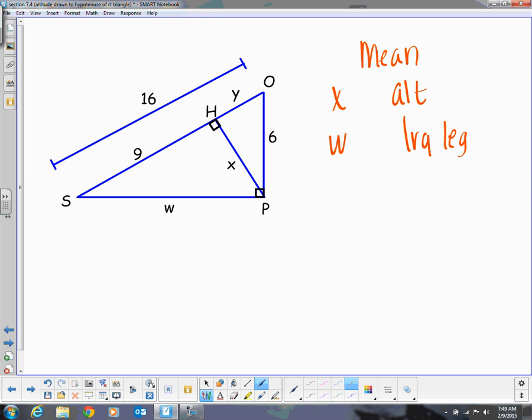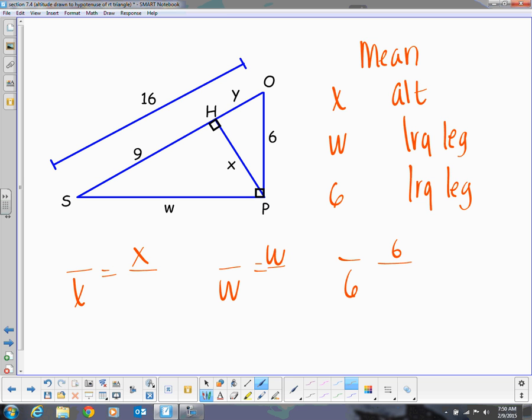W. What's my other large leg, McKenna? 9 is a leg of the medium triangle. I need the big triangle. Large leg with the big. We got W. There's another one. 6. So now at this point you're going to say X, X. You're going to do W, W, and you're going to do 6, 6.